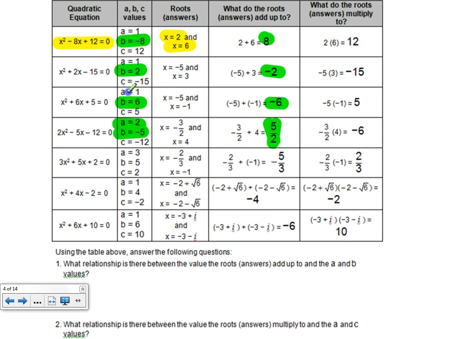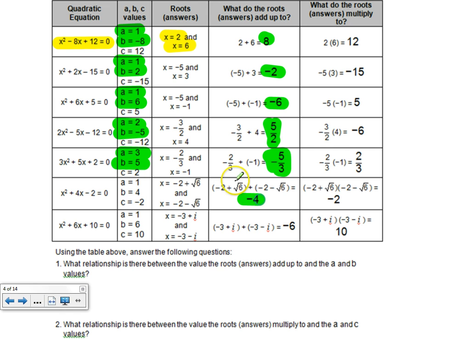And these other a's were all 1. That's why you saw the values not changing, because anything divided by 1 is itself. So if you notice, the sum is negative 5/3, the b value is positive 5, and the a value is 3. So there's your relationship: opposite of b divided by a.